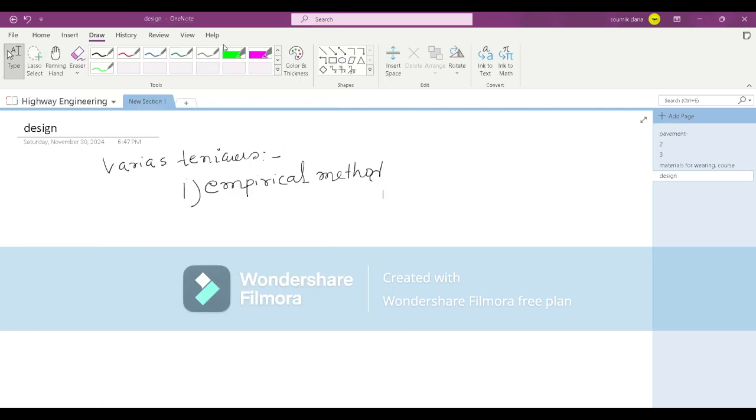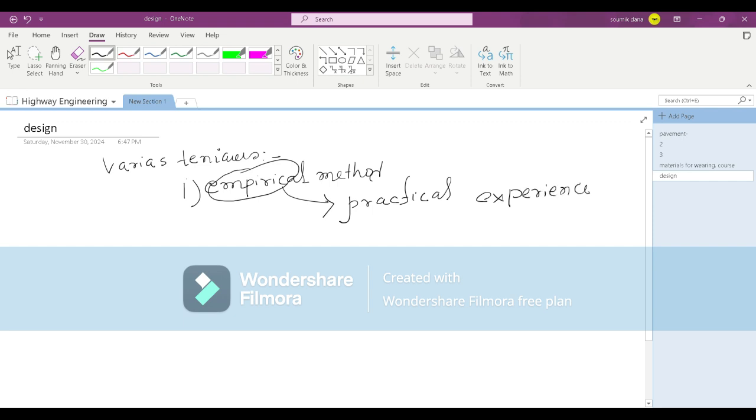Empirical method means this word means based on practical experience.